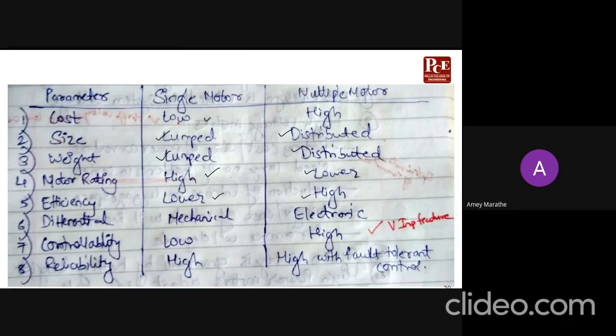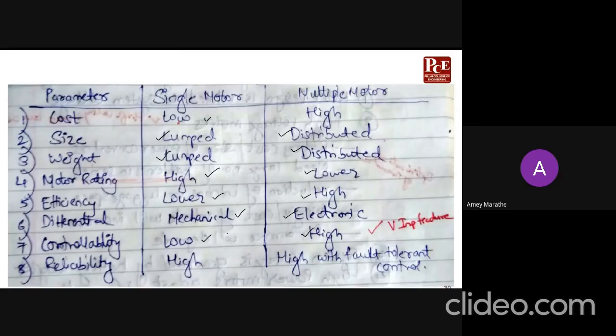Now differential: with a single motor we will have a mechanical differential, whereas if you use multiple motors, as I said, it is an E differential or electronic differential. Controllability: if you use a single motor, controllability is low, whereas with multiple motors controllability is high.